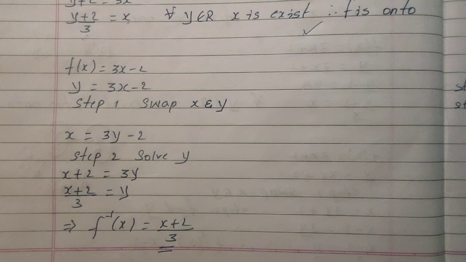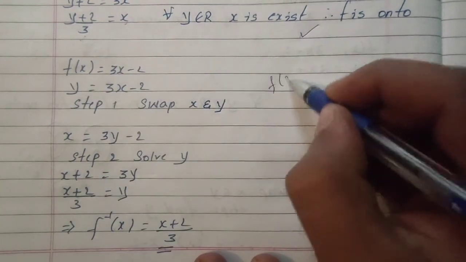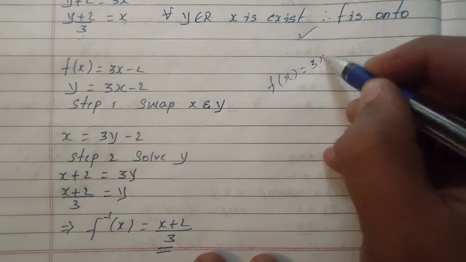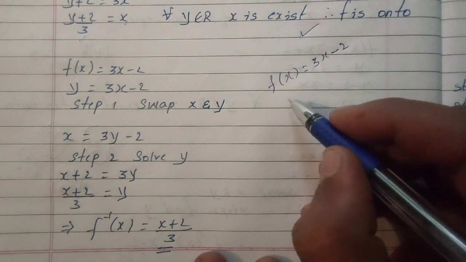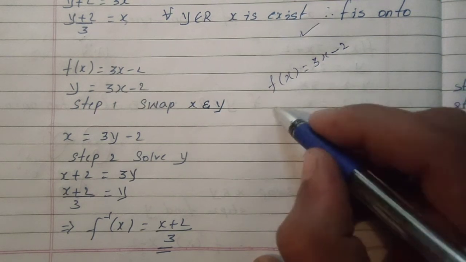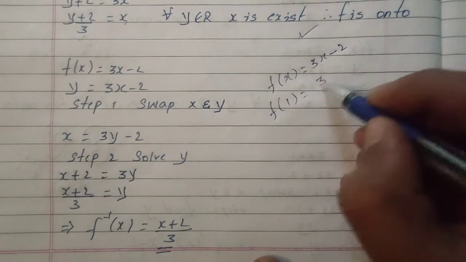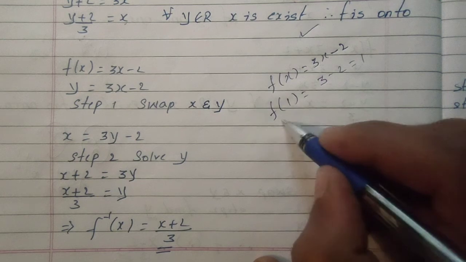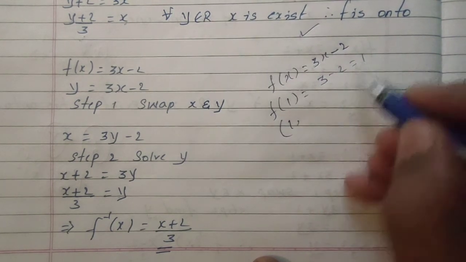One simple example I will show you. This is my function f of x, 3x minus 2. Imagine I am taking x as 1. What am I getting? 3 ones are 3, 3 minus 2 is 1. So when x is 1, the value is also 1.